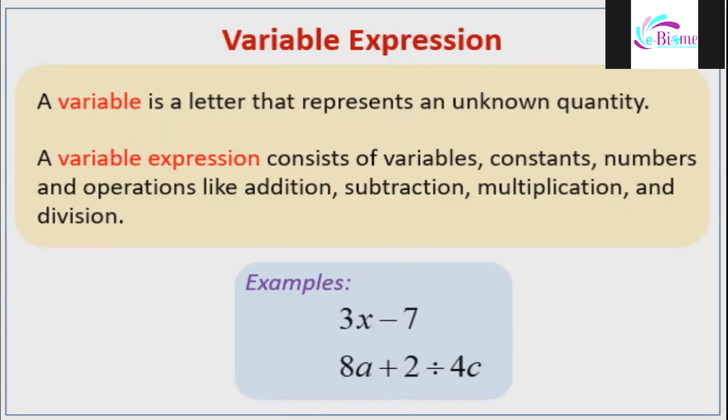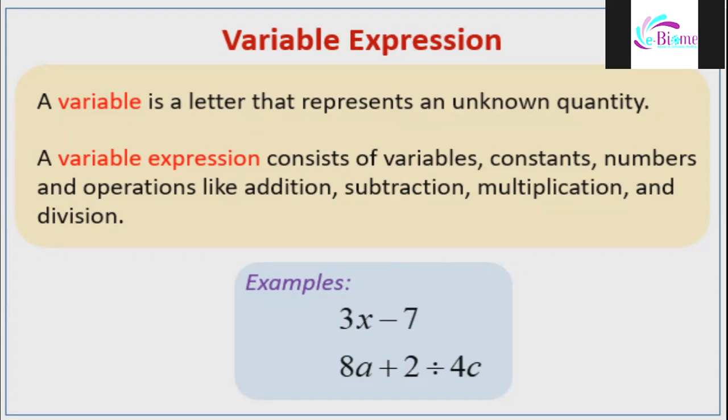And we say a variable expression consists of variables, constants, numbers, and operations like addition, subtraction, multiplication, and division. So here we have a variable expression, 3x minus 7. It has a variable, the variable is x.